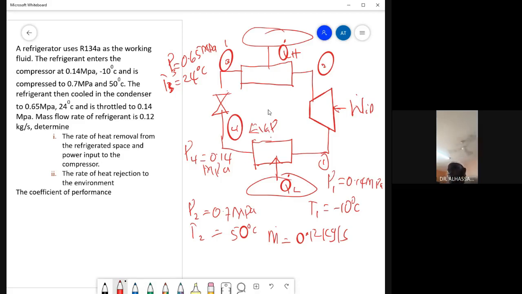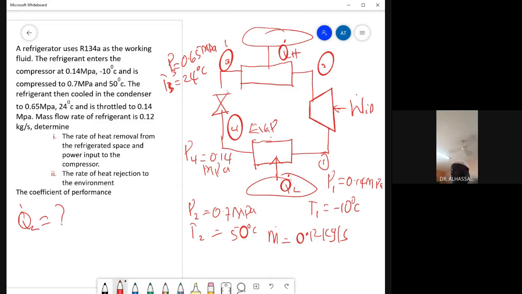So in this case, what are we supposed to calculate? And then the work input to the compressor. Very clearly, we are told to determine the rate of heat removal from the refrigerator space, which means we want to find QL.